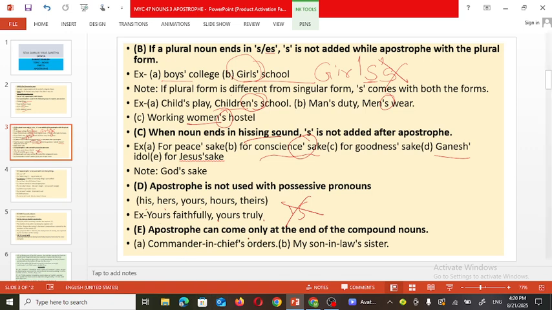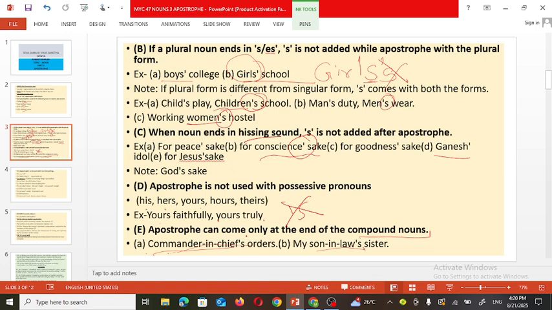The apostrophe comes only at the end of a compound noun. What do you mean by a compound noun? For example, son-in-law is a compound word, and commander-in-chief is a compound word.